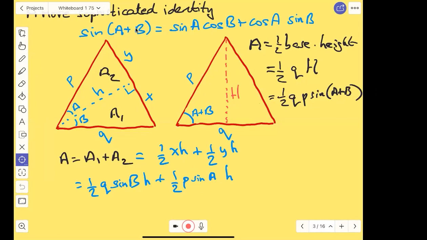You can see here we've got a Q, but it would be very nice to have a P here as well for the other length, because then the QP factor would be common and would cancel. And we can do that.